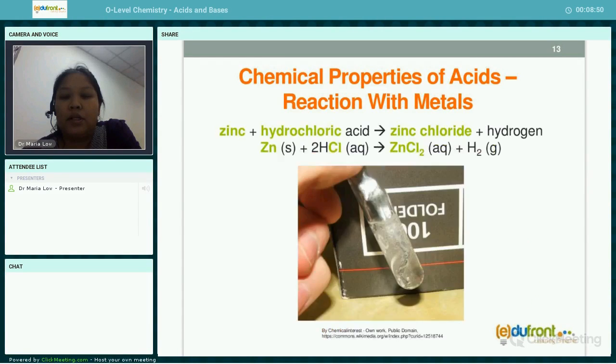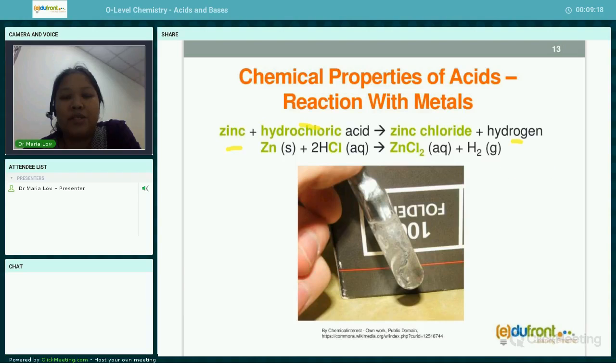Now let's take a look at an example of acid reacting with metals. We take zinc metal. If you react zinc with a common laboratory acid, for example hydrochloric acid, we end up with zinc chloride, which is our salt, and of course hydrogen gas. What you see in the first row is the word equation for the chemical reaction of acids with metals.